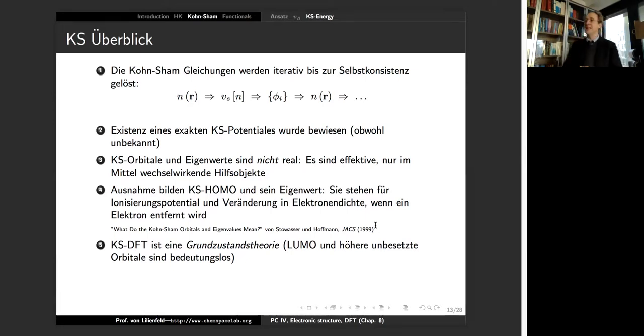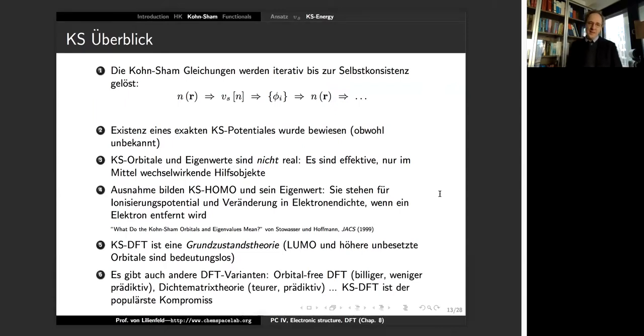Now, how do they enter? They typically enter through the orthogonalization procedure. You can have many more basis functions and construct these unoccupied orbitals. Your occupied orbitals change, and then the orthogonalization also affects your unoccupied orbitals. But they are not part of the Schrödinger equation, and so you can argue if they are actually meaningful.